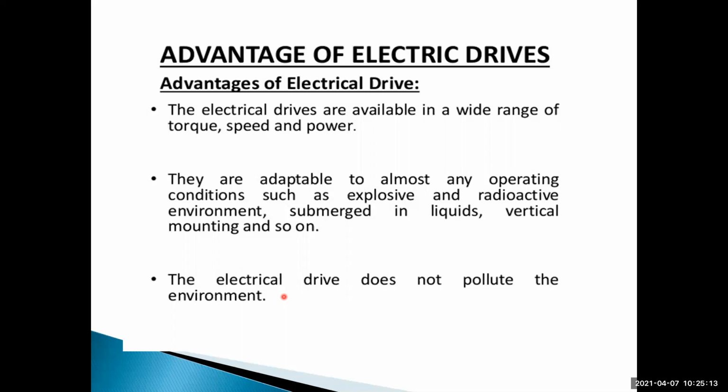In traction systems, diesel locomotives and steam engines pollute the atmosphere, because coal is burned in steam engines and diesel or petrol is used in diesel locomotives, so the output pollutes the environment. But in electrical traction, there is no pollution to the environment. Am I right or not? The electrical drive does not pollute the environment.